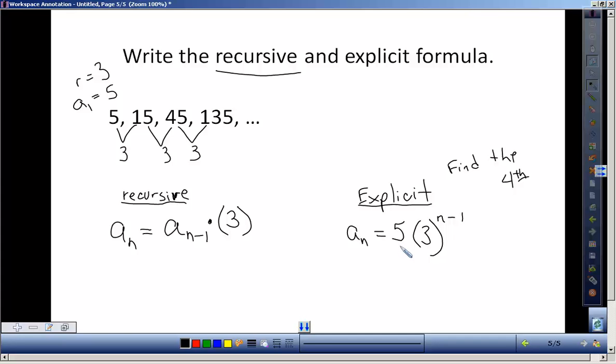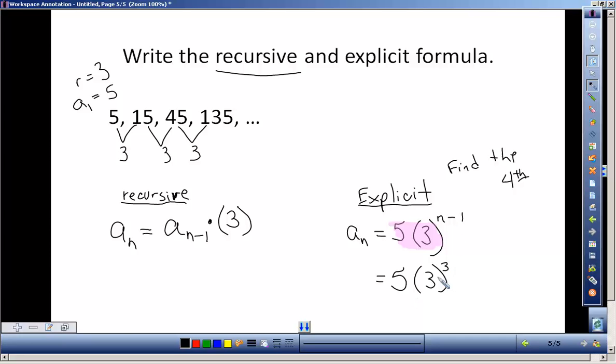Find the 4th term. Here's what I need to make sure you remember, your order of operations. I can never, ever multiply these two numbers, all right? Order of operations tells me I have to do the exponent first. So I have to do 3 to the n minus 1 power before I can even multiply it times 5. So I've got to make sure that I follow my order of operations. If I want to find the 4th term, I would have to do 5 times 3.